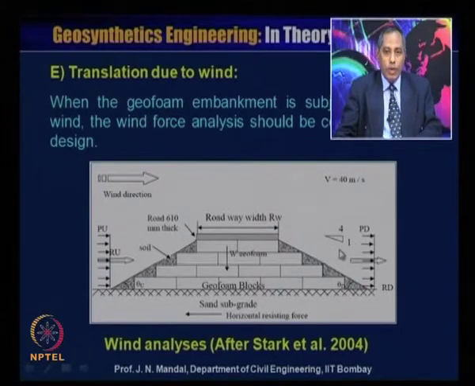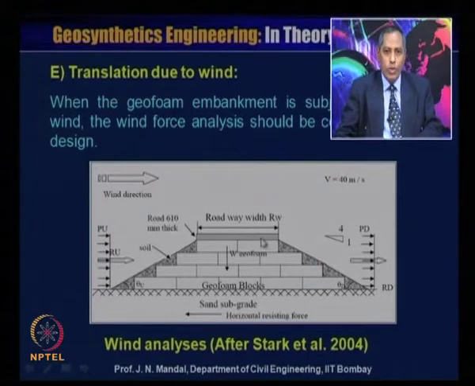This slope is 1 vertical to 4 horizontal, and this is theta U, the upwind slope angle, and here is theta D, the downwind slope angle. This is the geofoam material, and it has a weight W of geofoam.